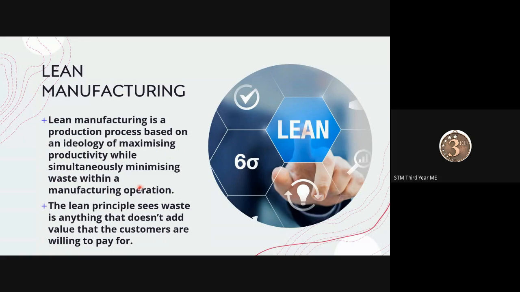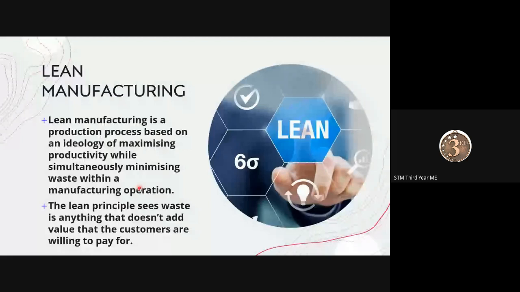Waste may occur, it depends. Various processes may be present to produce a particular product, and each process can achieve the same thing, but each may contain a certain amount of wastage. The process in which the amount of wastage is less is termed a lean manufacturing system.